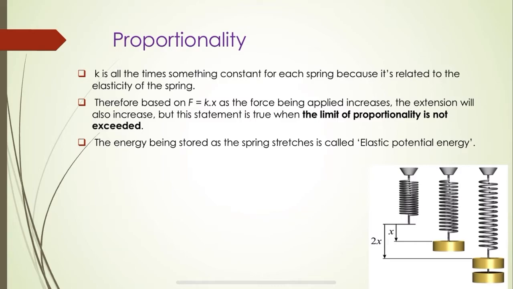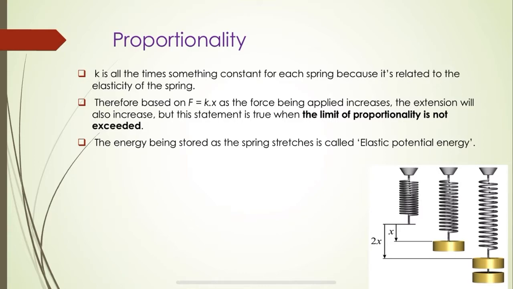The energy stored as the spring stretches is called the elastic potential energy. And also, as you can see in the picture, when the limit of proportionality hasn't been exceeded yet, the force and extension are completely proportional. When nothing is hung on the spring, the extension is 0.